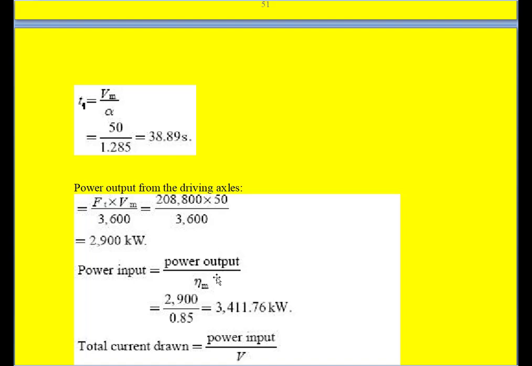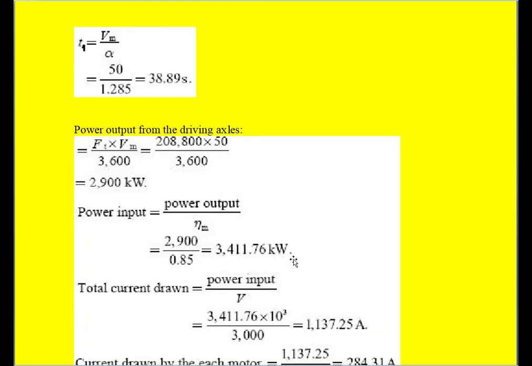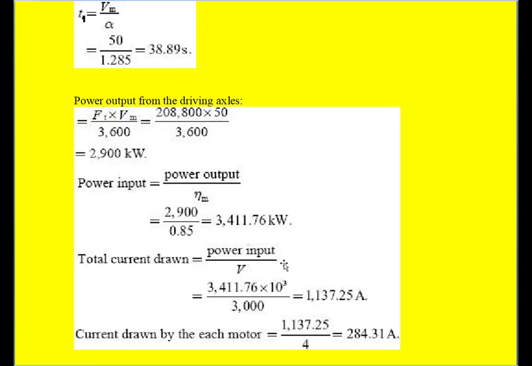We know the power output as 2900 kilowatts, divided by efficiency 85%, so 0.85. Then we get 3,411.76 kilowatts. This is the power input to the motors.